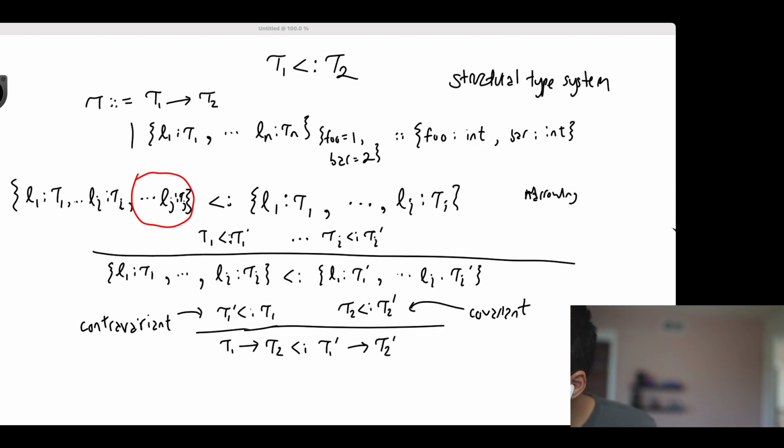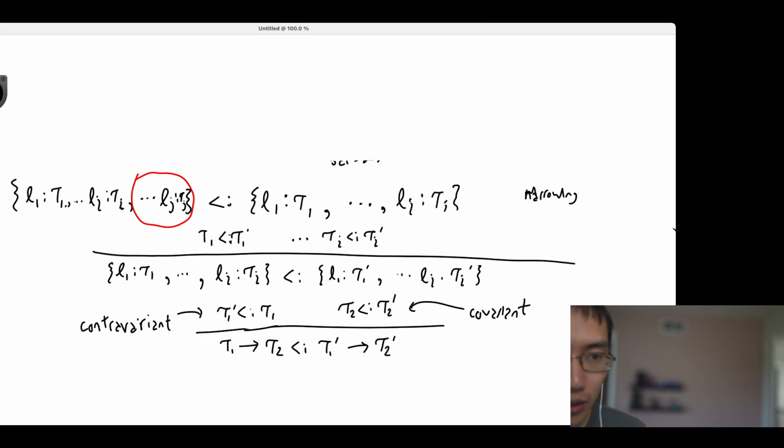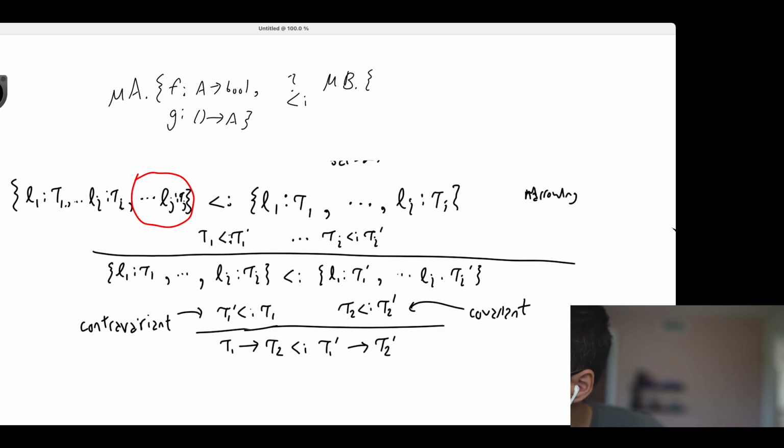So the question at hand is, if I have A and it contains some method f which goes from A to bool, and I have method g which goes from unit to A, and I want to know if this is a subtype of B, let's forget about this method for a moment. It's not really relevant.